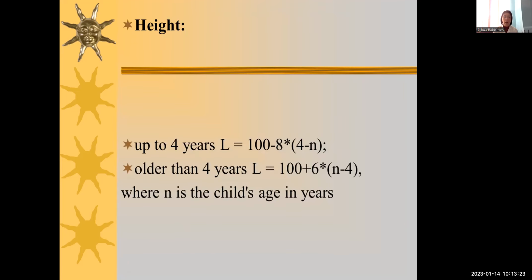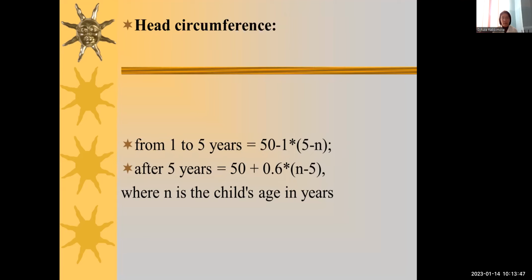Formulas for height. Up to 4 years, L equals 100 minus 8 multiplied by (4 minus n). After 4 years old, L equals 100 plus 6 multiplied by (n minus 4), where n is the child's age in years.